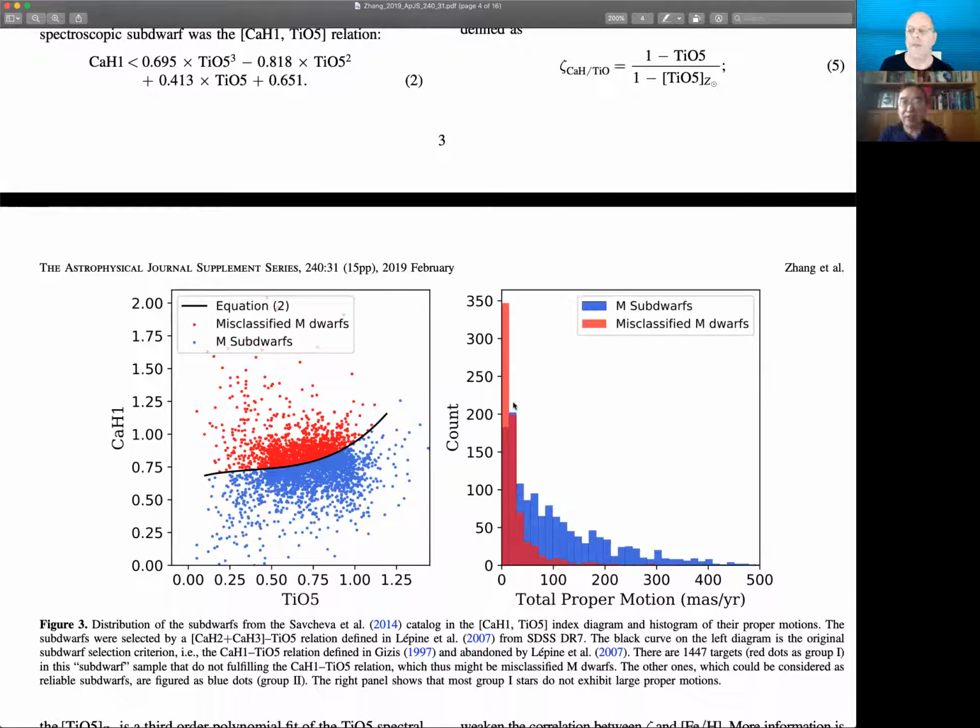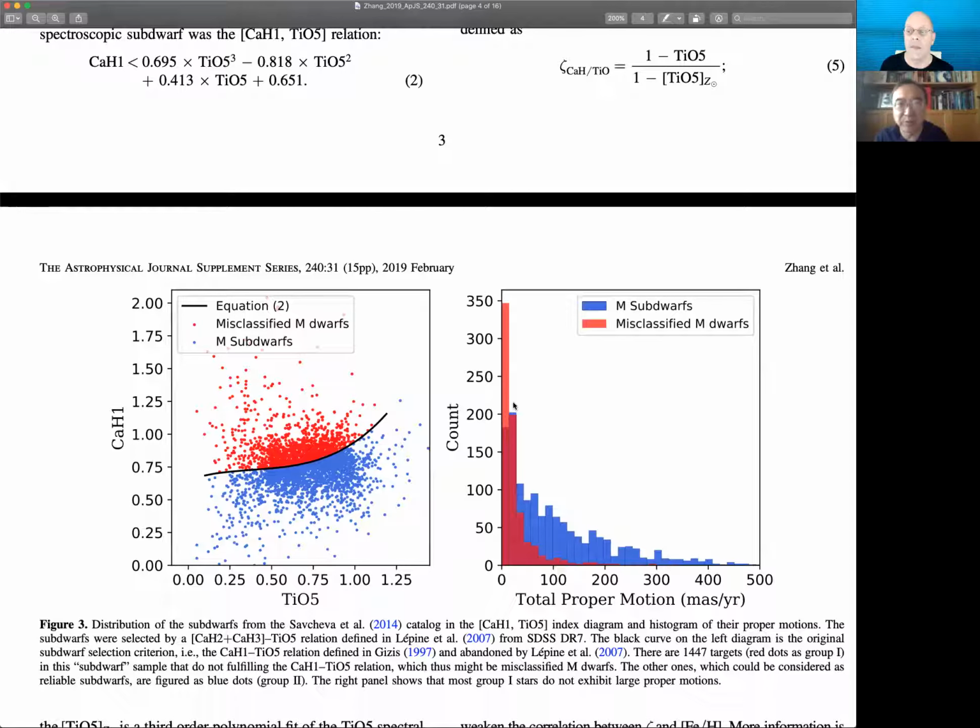And then we got a very good sample, about 400 labeled subdwarfs and more than 80,000 M-dwarfs, normal dwarfs, more than 80,000.